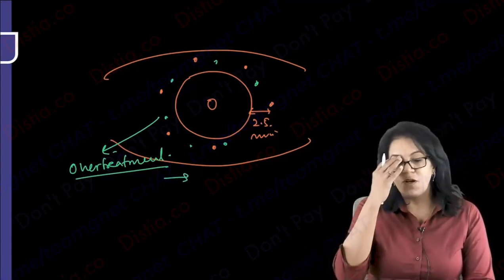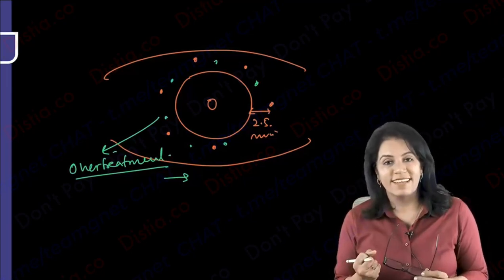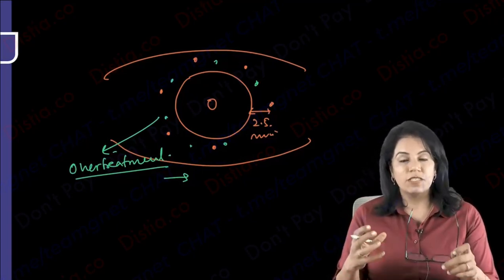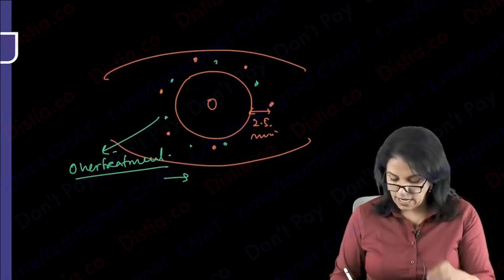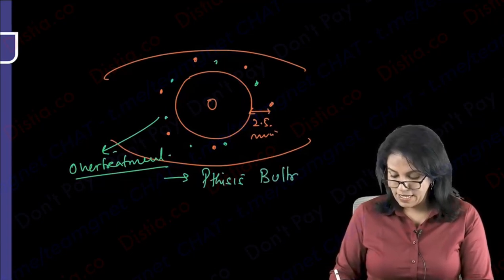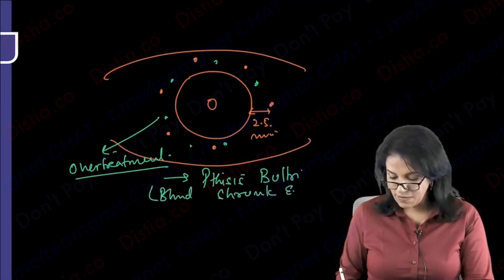If no aqueous is formed, there is no pressure and the eye is going to shrink. This blind shrunk eye is what is called, you must have learned this yourself as well, phthisis bulbi. So any over-treatment can lead to a blind shrunk eye, which is called phthisis bulbi.